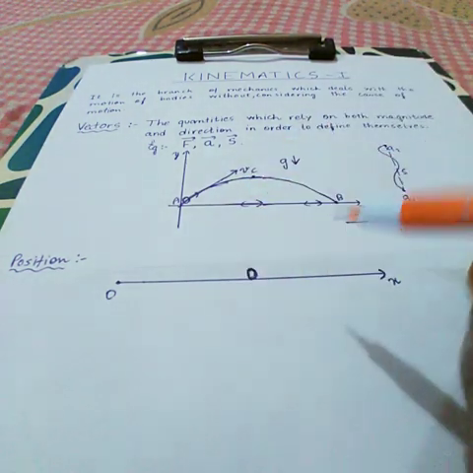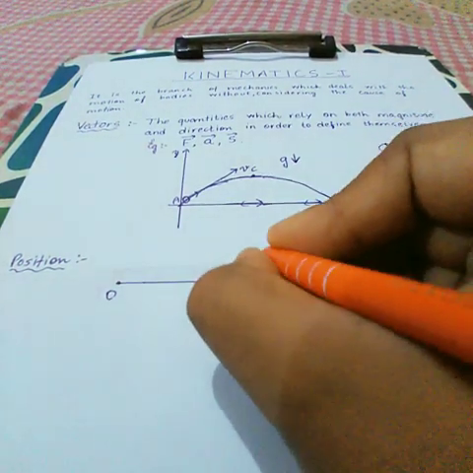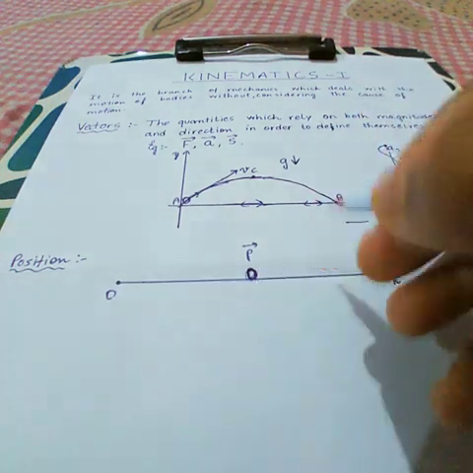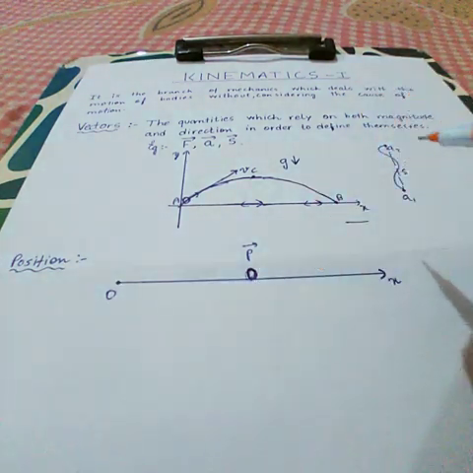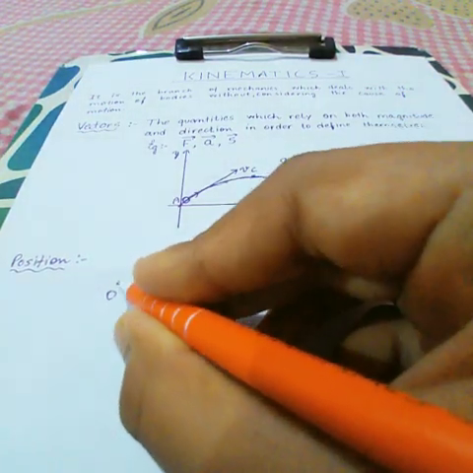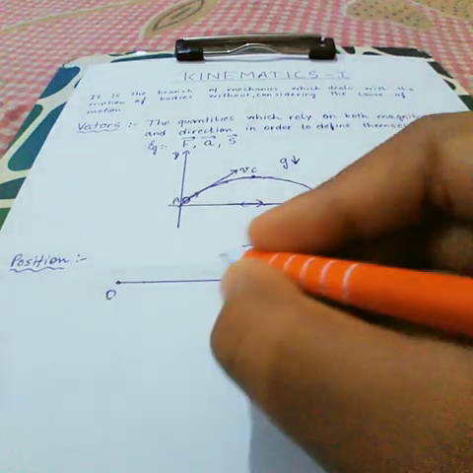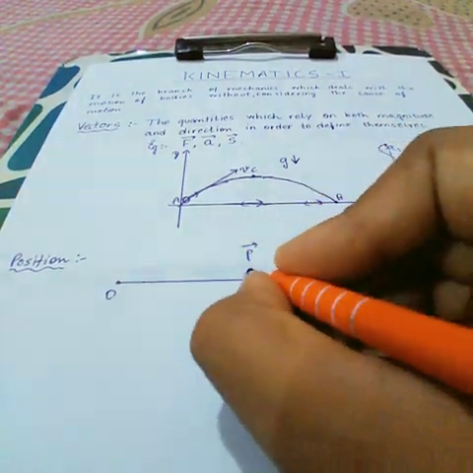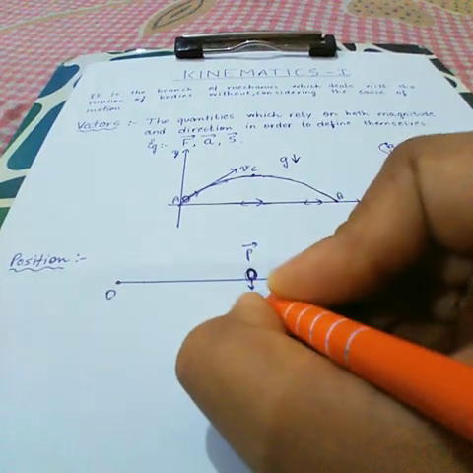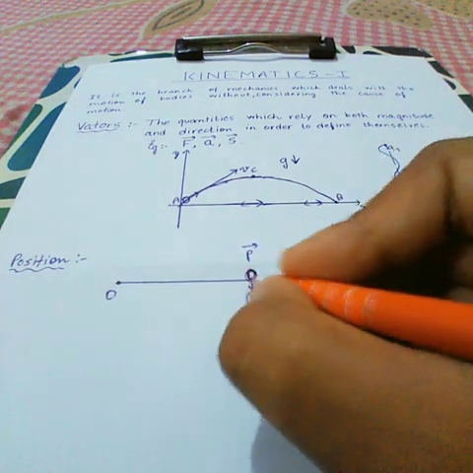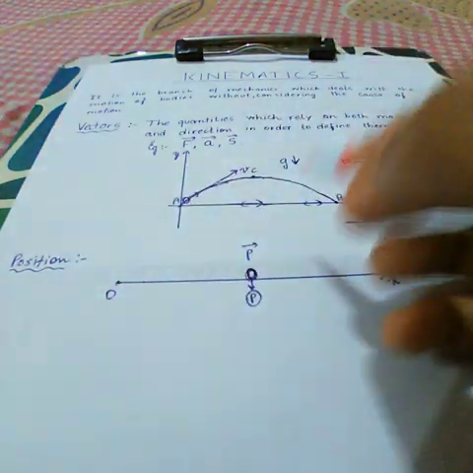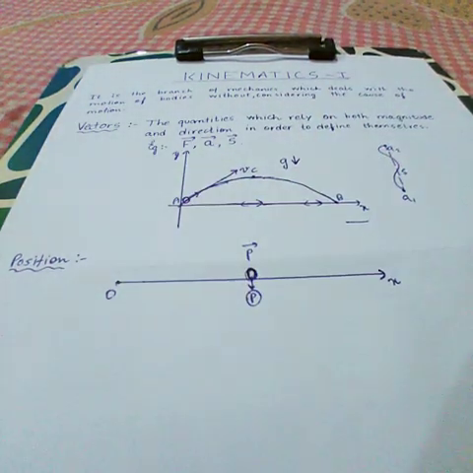So, a position vector P defines the position of any particle or any object or any matter from a point O to the horizontal or vertical axis. This position P indicates where this ball is and how much distance it is away from the point O, which you have marked as the initial point.